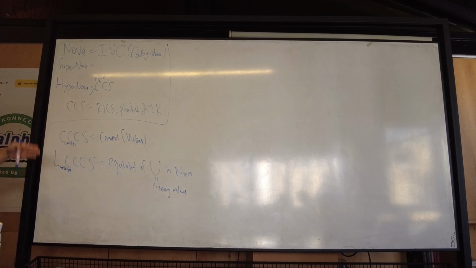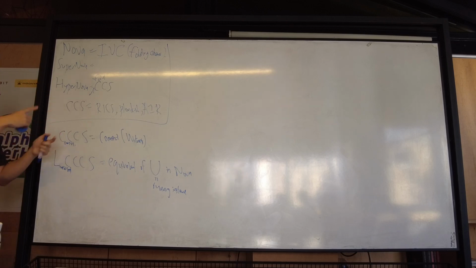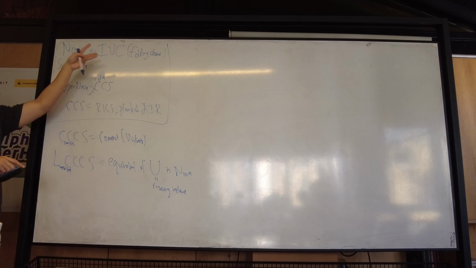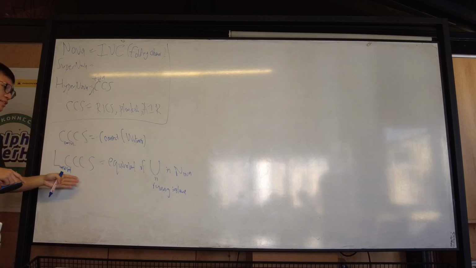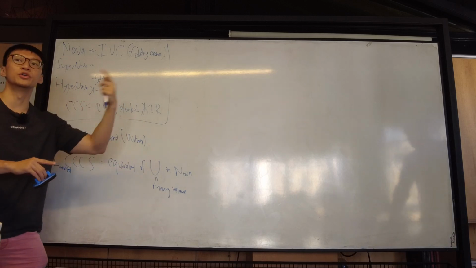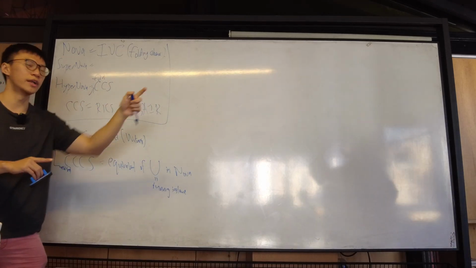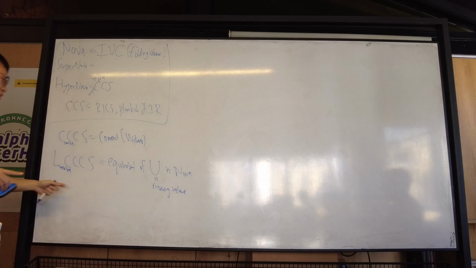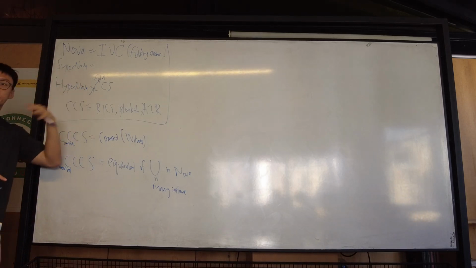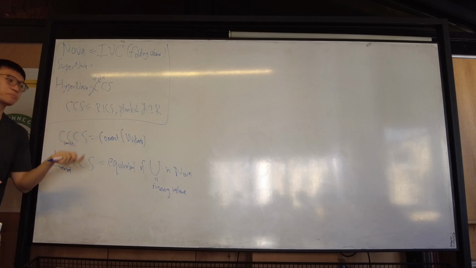So we can imagine that when we are folding CCCS together, it will then be grouped together into this running instance, LCCS, just like how we are doing it in Nova. And this LCCS at the end of the day will be the one that you send to the prover, and then you prove the validity of the LCCS, because this basically allows you to verify the computation of the IVC.